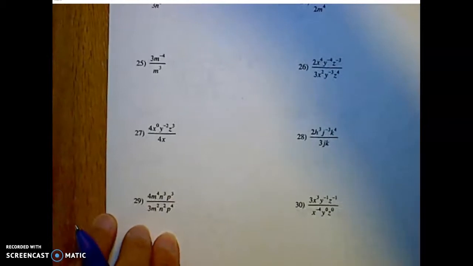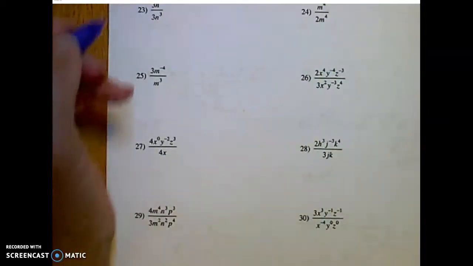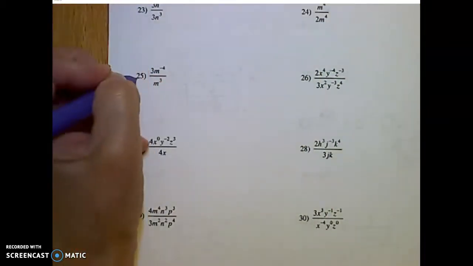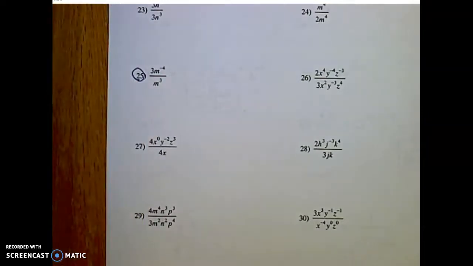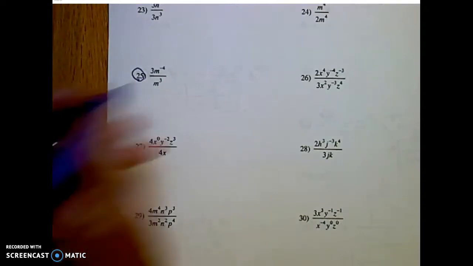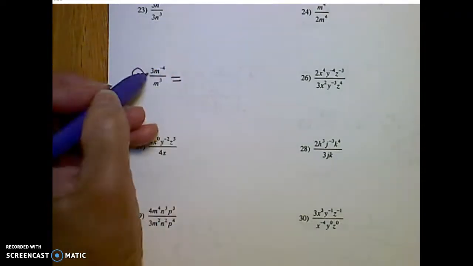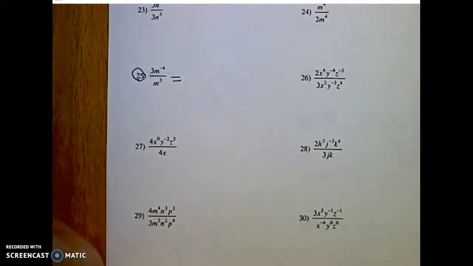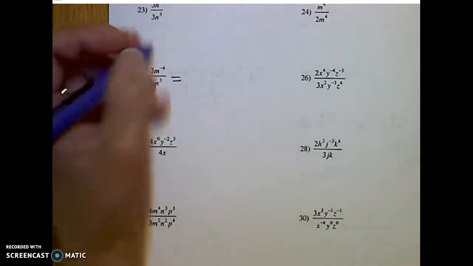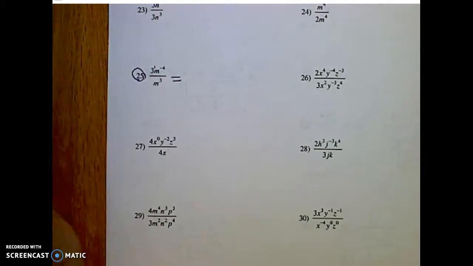Can you shift to number 25 and rewrite number 25? Oh, I know why I liked 25. Because people accidentally moved that 3. Notice the exponent on the 3 is simply 1.